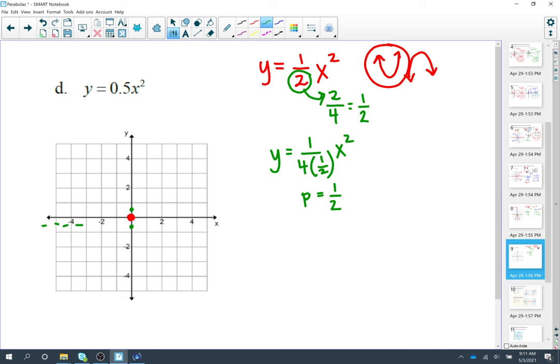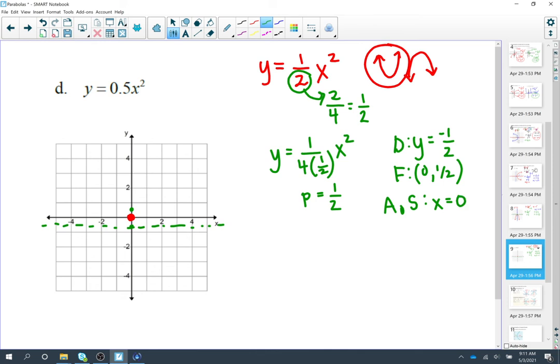Your directrix is outside. So we now know the directrix is at y equals negative 1/2. And we know that the focus is at 0, 1/2. We also know that the axis of symmetry is at x equals 0 because it's the vertical line that's going to cut it in half.